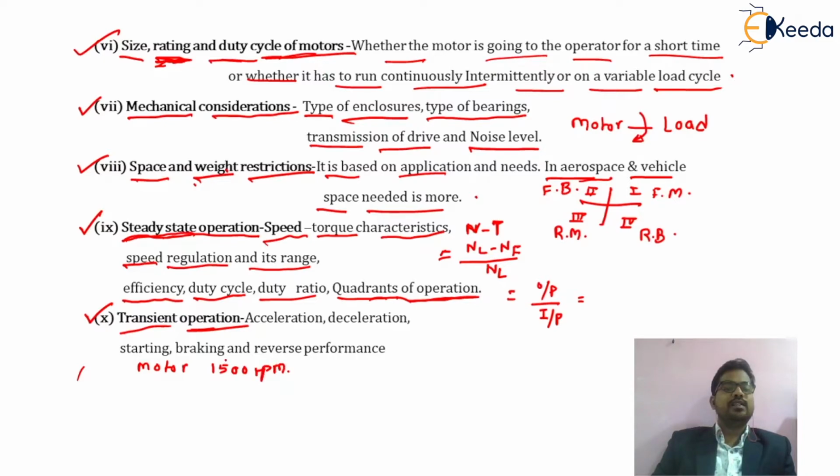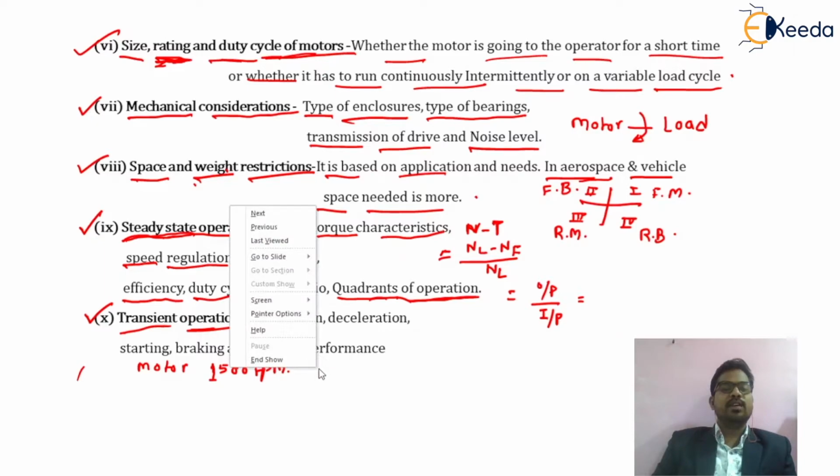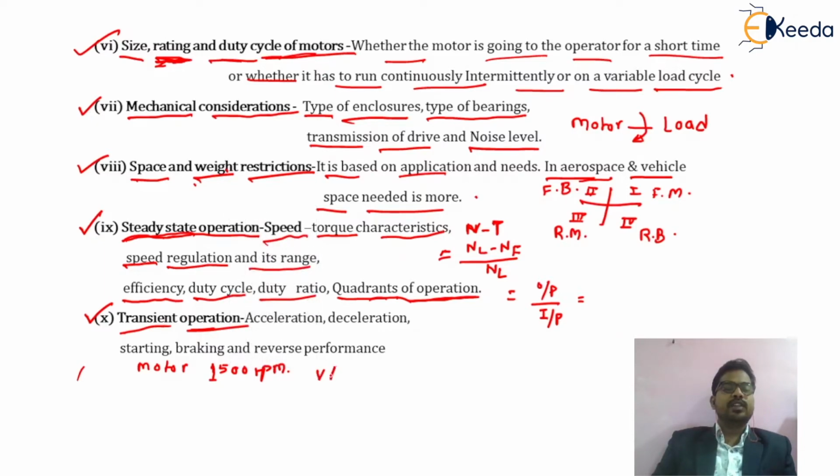This is the steady state condition while the motor is running. Suppose one of the parameters of the motor, such as the voltage or the current, decreases. Then the speed of that particular motor will be reduced to a value of 1200 rpm. That condition is called the transient condition.